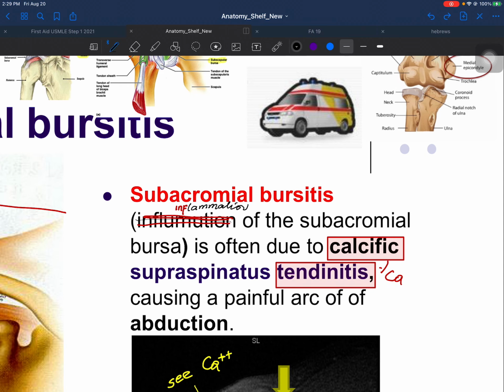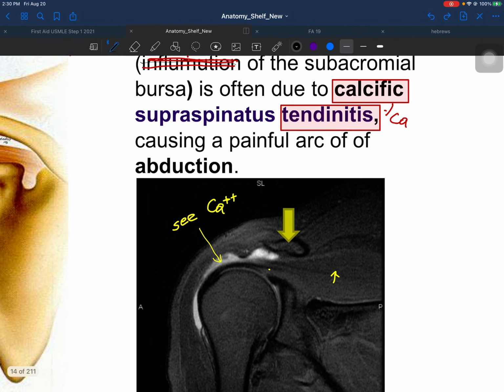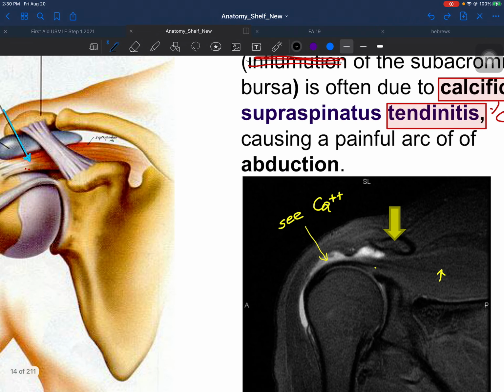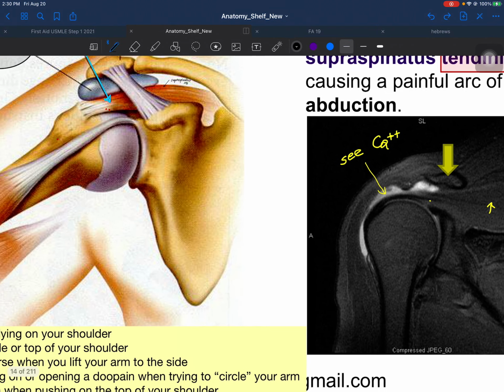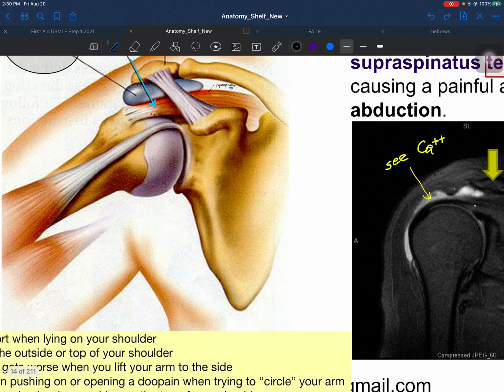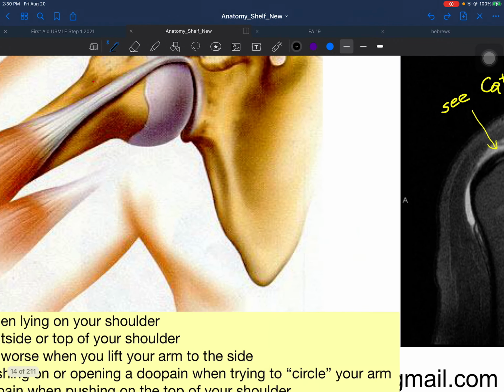You see, the tendon of the supraspinatus muscle gets calcified, and so it leads to the tendinitis. So this is causing a painful arc of abduction. With the action of abduction, there will be pain.